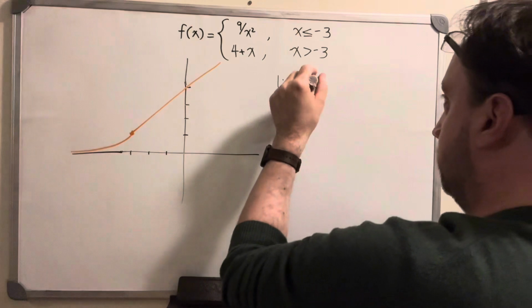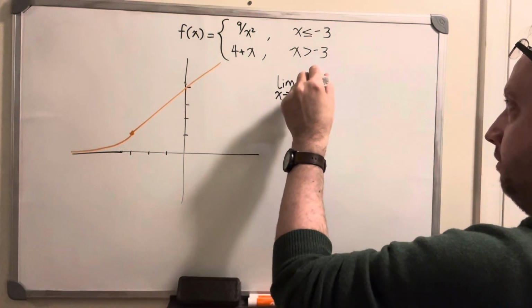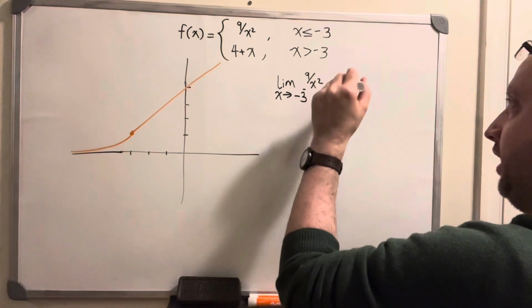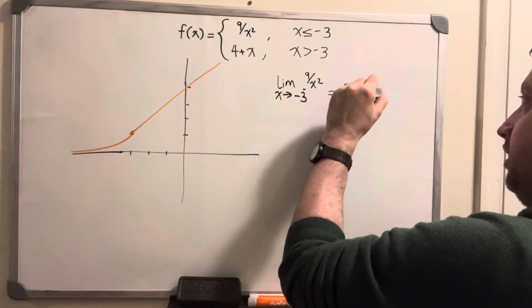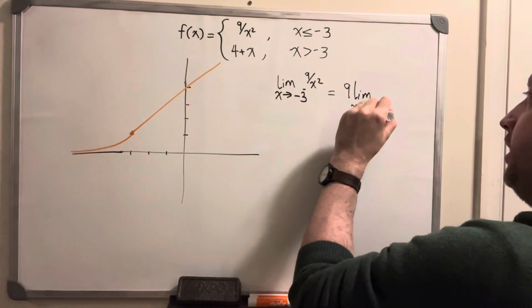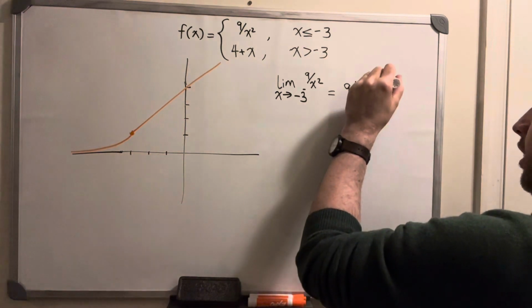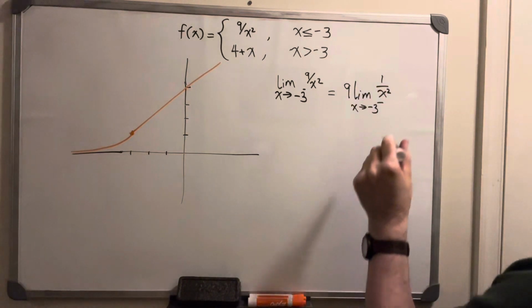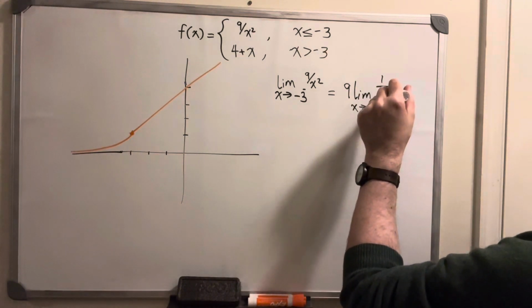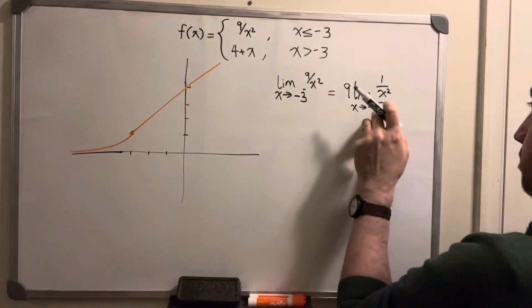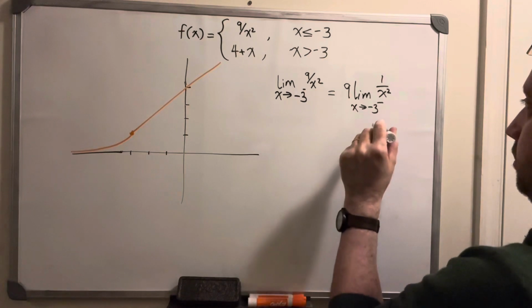And as I said before, you can prove for yourself that the regular limit theorems work. Now this is a rational function. This is a constant which you can pull out. So you can make this 9 times the limit as x approaches -3 from the left. Now you've got 1 over x squared. And since x squared is a polynomial, you can just plug in the value.